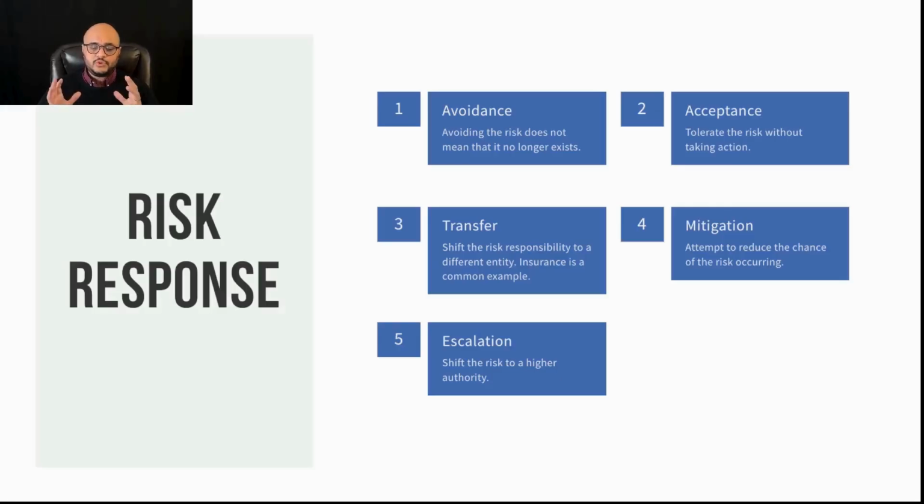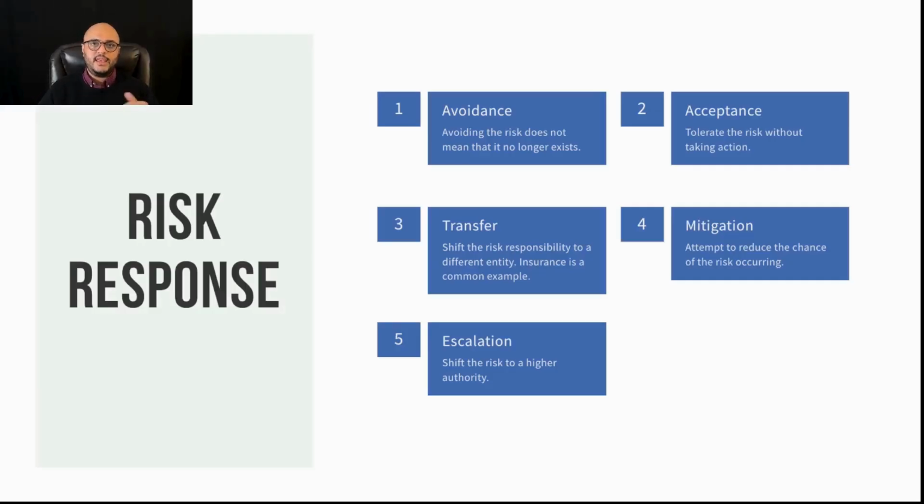Mitigation. I'm trying to reduce the chance of the risk occurring. I'm trying my best on the project. If I foresee that the risk is about to happen, I'm trying to reduce the chance of that risk occurring. And this could be in so many different ways. Maybe I'm putting more money in. Maybe I'm adding more resources to the project.